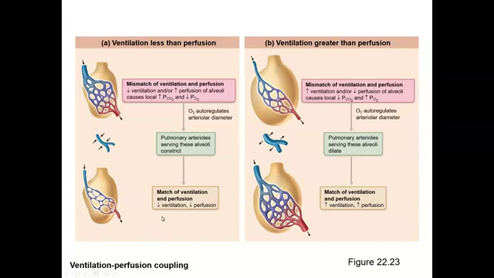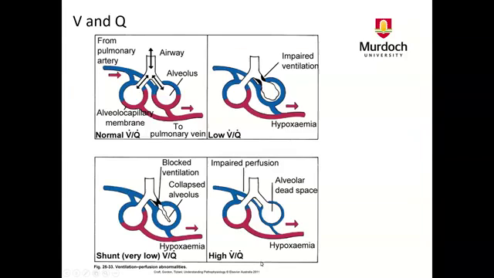Now this whole idea with ventilation and perfusion, I've said before, in order to have oxygenation, both parts have to work. We have to have gas coming into the alveoli, and the alveoli have to be functioning, and we have to have the blood vessels around, and they have to be functioning as well.